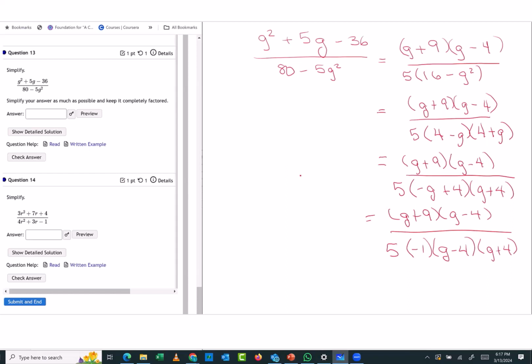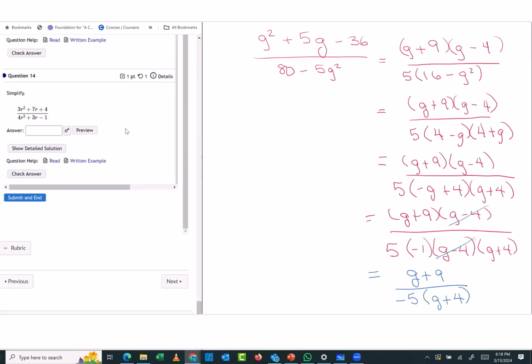And now I can cancel, because I can cancel this with this. And my final answer is g plus 9 divided by 5 times negative 1 is negative 5 times g plus 4. And that is my final answer.